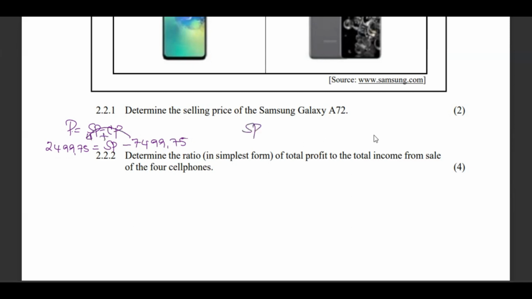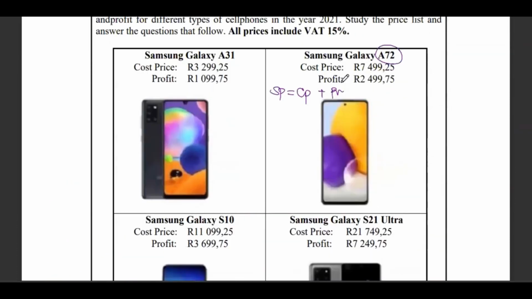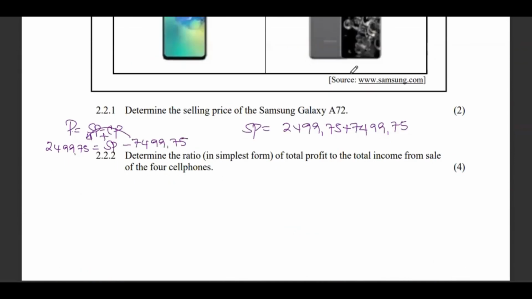So the selling price equals 2,499.75 plus 7,499. Sorry, it's 25, not 75. This is 25.